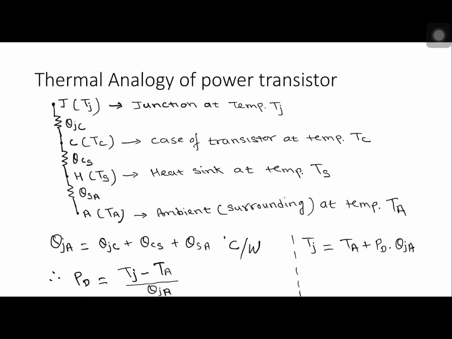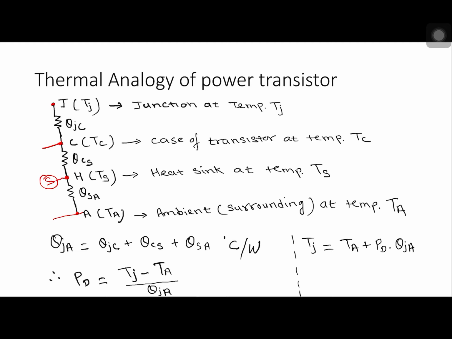Now let's continue with that diagram. This J represents the junction. C is the case, H or S is the heat sink, and A is the surrounding or ambient temperature. So you can see from case to ambient you have inserted a sink.